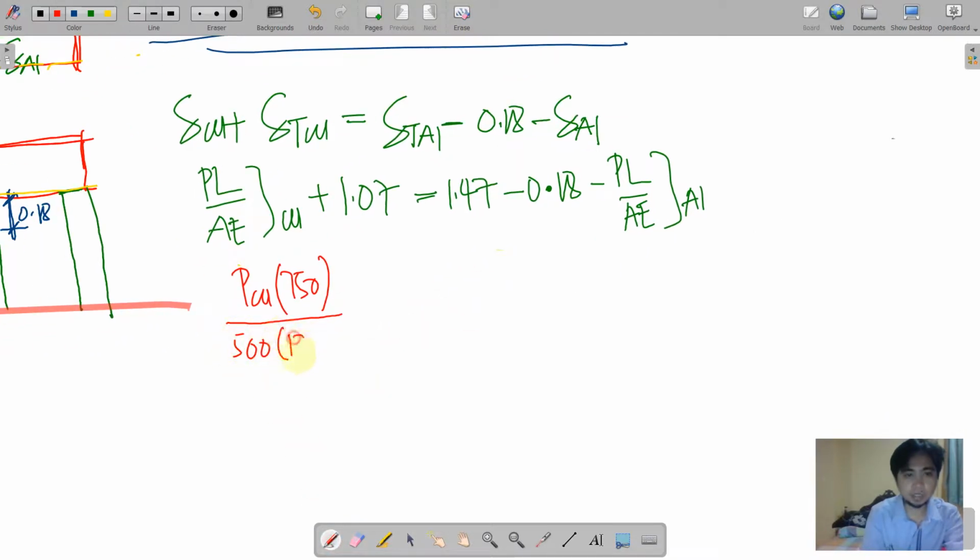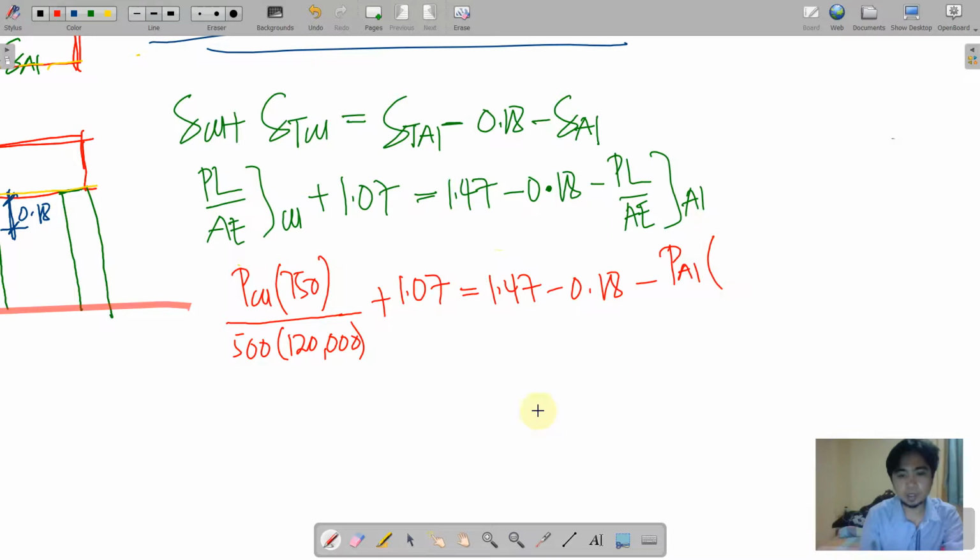and this is 120,000 plus 1.07 is equal to 1.47 less 0.18 minus P of aluminum. So aluminum is 0.18 shorter than that of the copper.